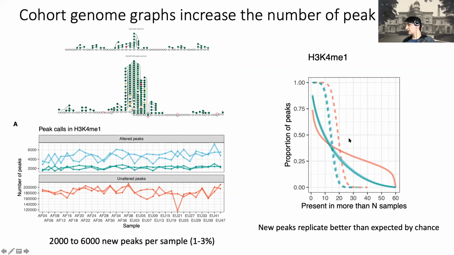And of course, we wanted to know if these new epigenomic peaks replicate well across the cohort and are not just very rare singletons. And through a permutation experiment, we concluded that indeed these new peaks, new events, replicate better than expected by chance, right? So this is evidence that this is not just a different sort of noise, but indeed it's a true signal.